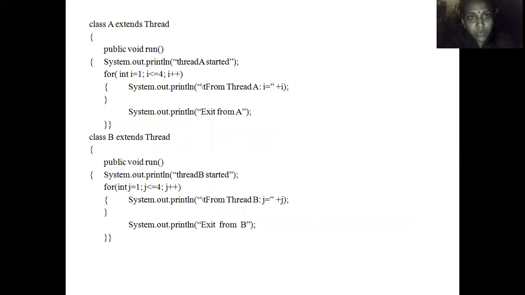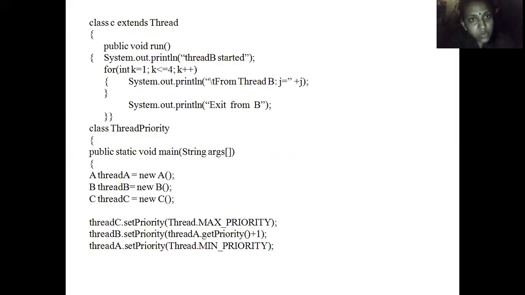Then come to the program. Here, the same thing: class A extends the Thread class, class B also extends the Thread class, and they are supposed to run 4 times. Class C also extends the Thread class and is also supposed to run 4 times. Then we have our objects thread A, thread B, and thread C, but we have set priorities for them. Thread C is given the highest priority, the maximum priority, it can be 10.